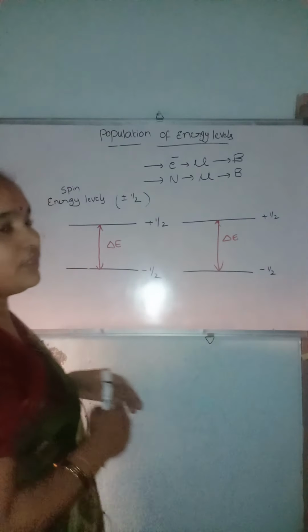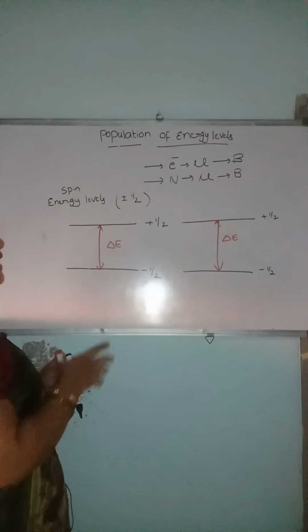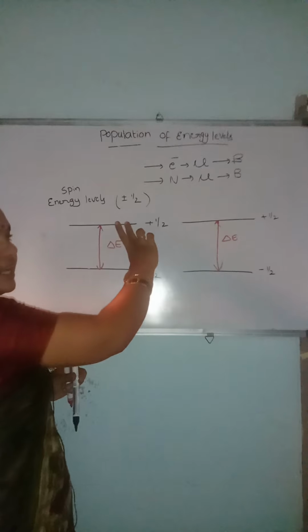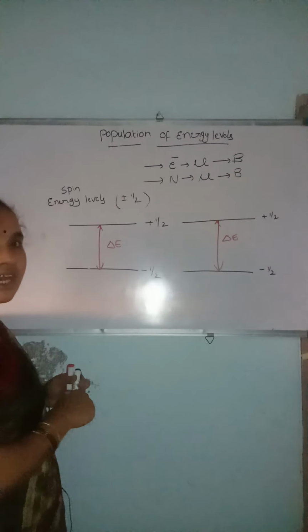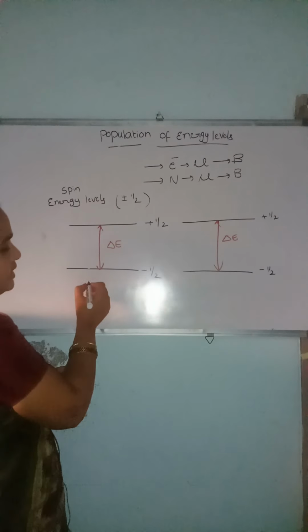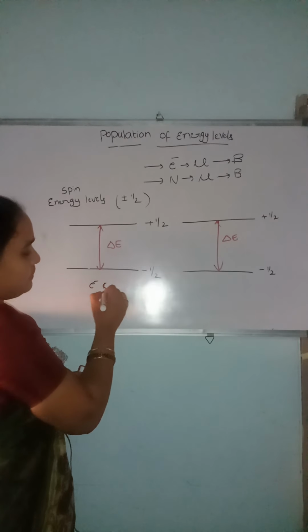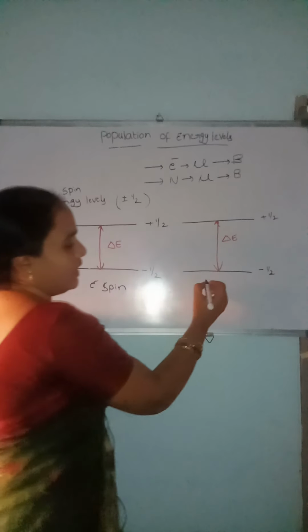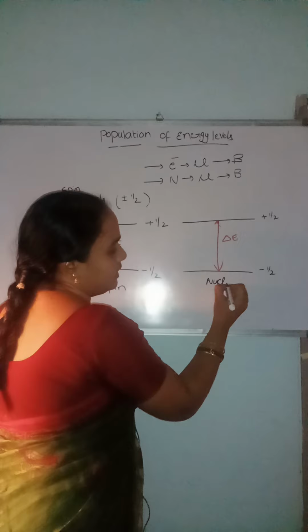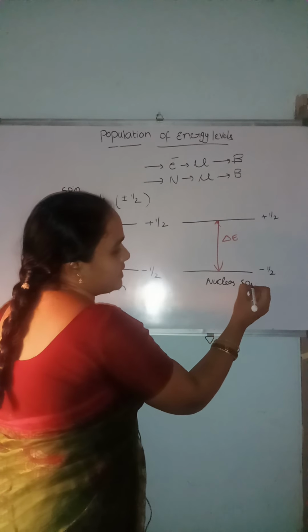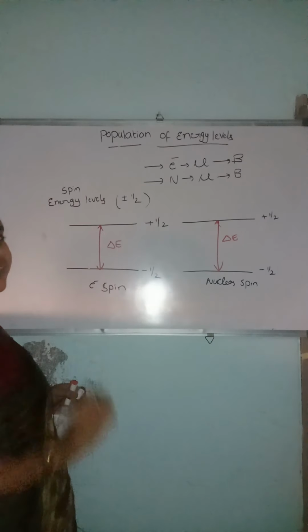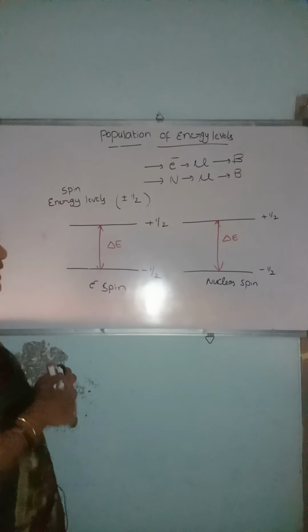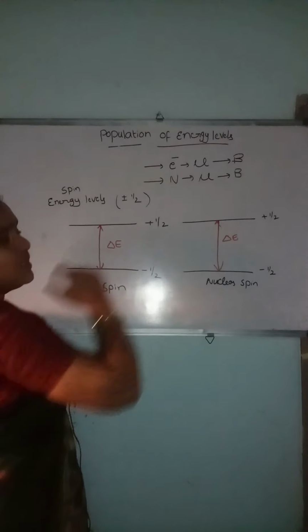Due to this interaction, the electron spin states and nucleon spin states split up. These are electron spin states and these are nucleon spin states. This separation is delta E. So what is delta E? Delta E is the separation between the two spin states.